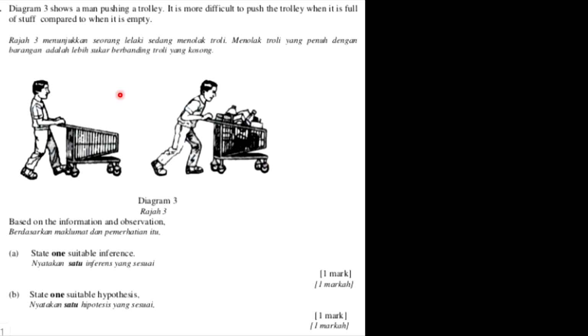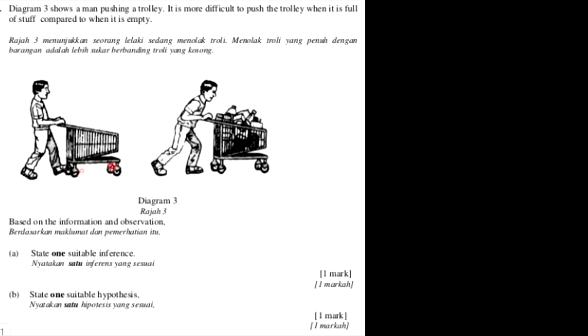Experiment to determine the relationship between mass and inertia. So this is an SPM Paper 3 Section B question, showing a man pushing a trolley. He found that it is more difficult to push the trolley when it is fully loaded compared to when the trolley is empty.